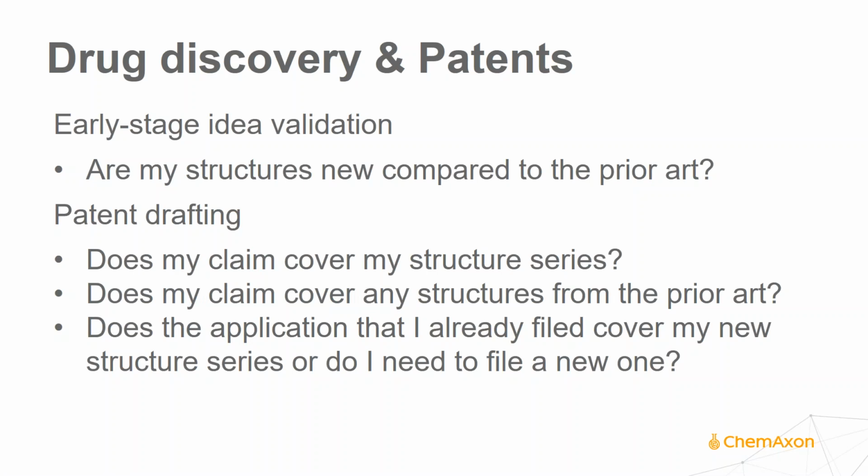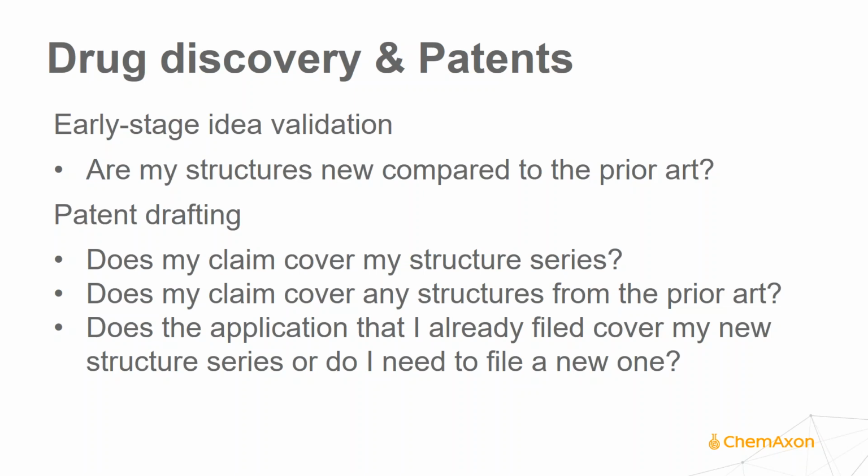During drug discovery, there are a lot of points when you have a patent literature or patent-related question. In the early stage ID validation, the most important question is whether the structures that you're working on are new compared to the prior art documents or not. And later, if you identify some promising compounds, you usually want to patent them.